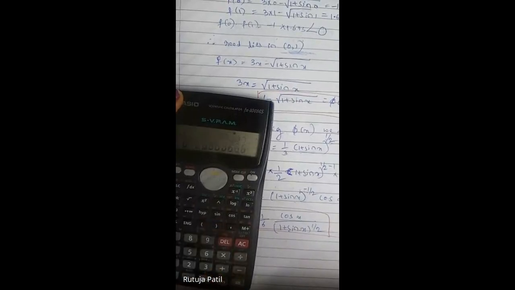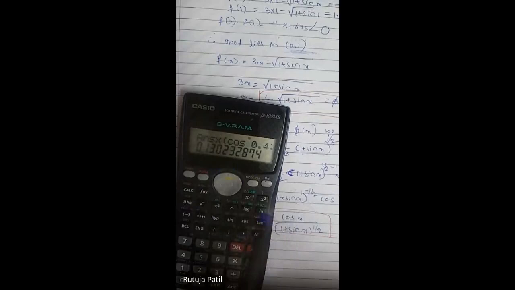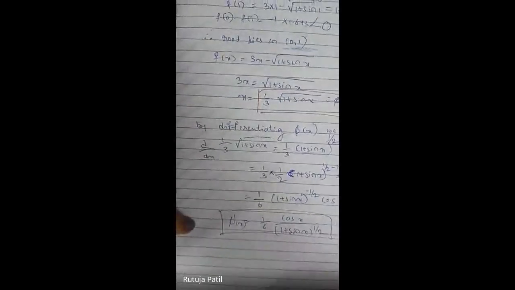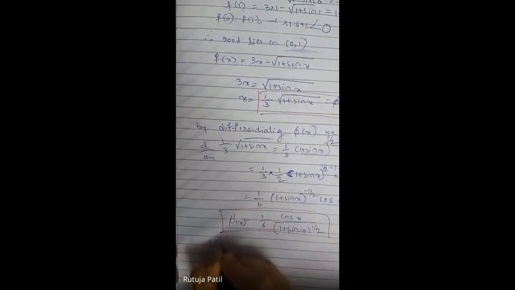So we have got here 0.132, which means this is less than 1. So like that, you go on putting any value, you will of course get a value which is less than 1. Therefore we can say that this psi dash of x, you put any value, then you will get a value which is less than 1 only, right?